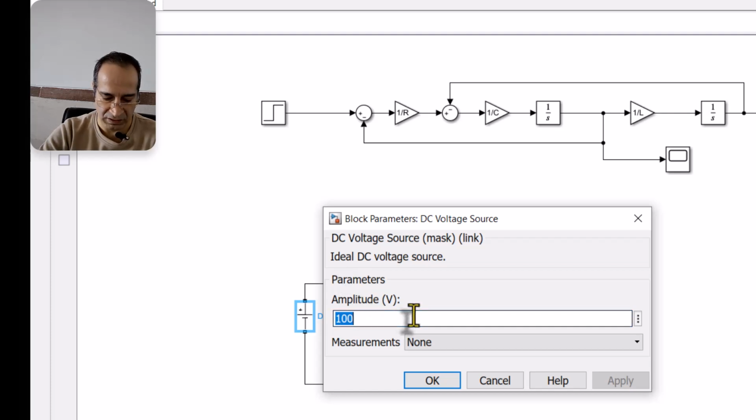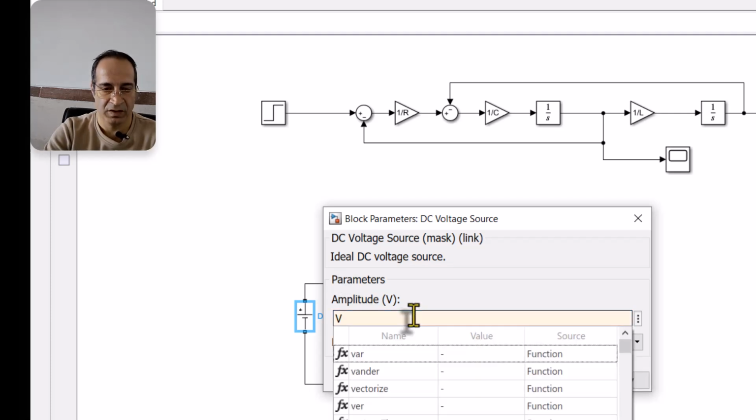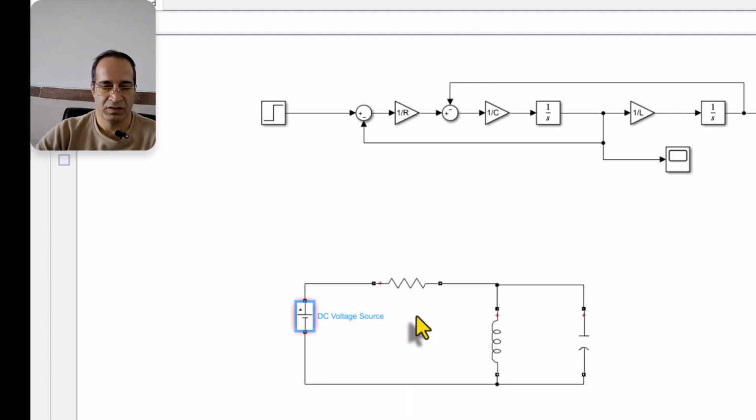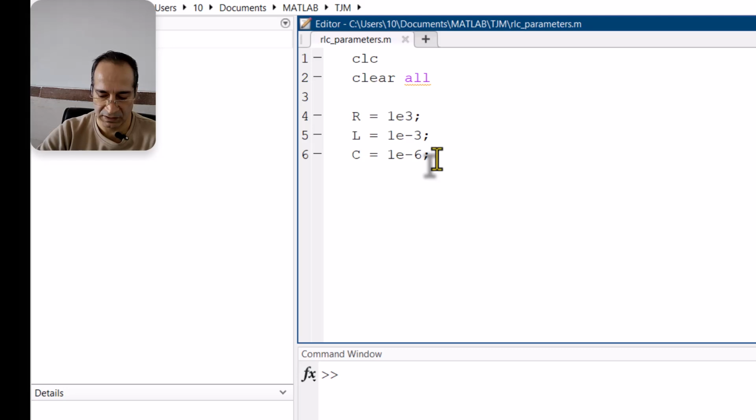What I have here is the VDC. I need to define VDC in the M file over here: VDC equals 1, and run it.